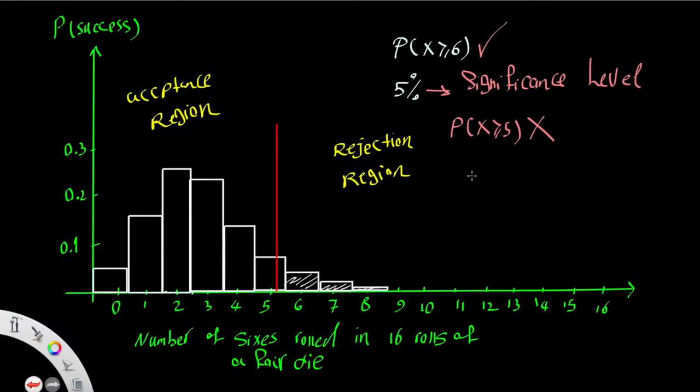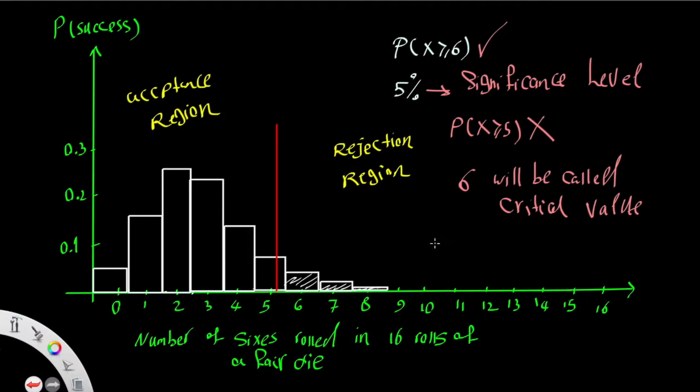So that's why 6 will be called the critical value. So what is the definition of critical value? From 6 onwards it is completely in the rejection region, but before that it is not in the rejection region.